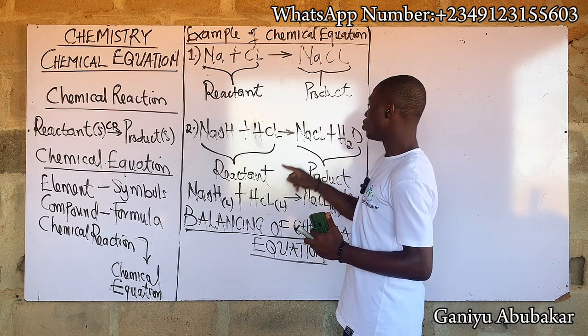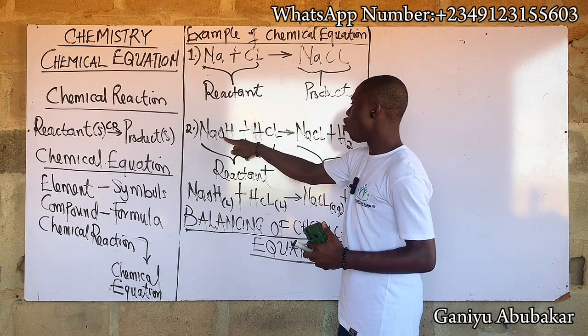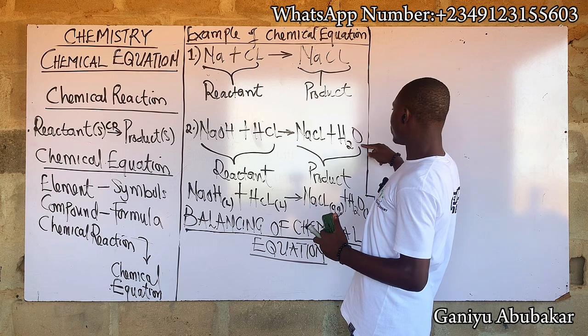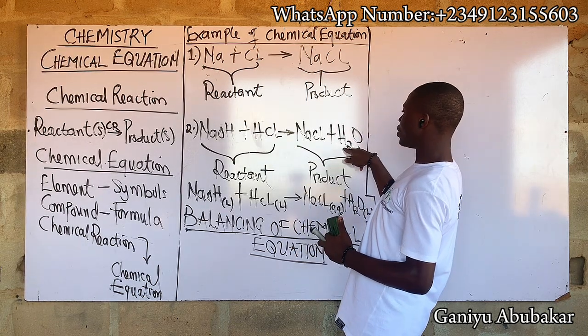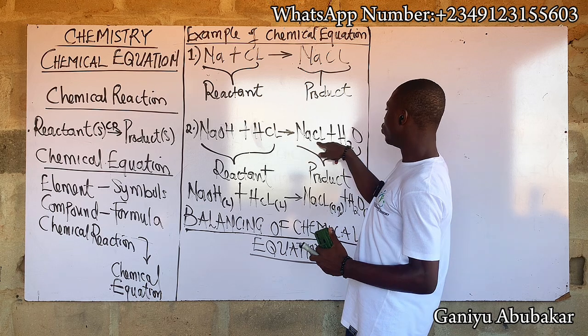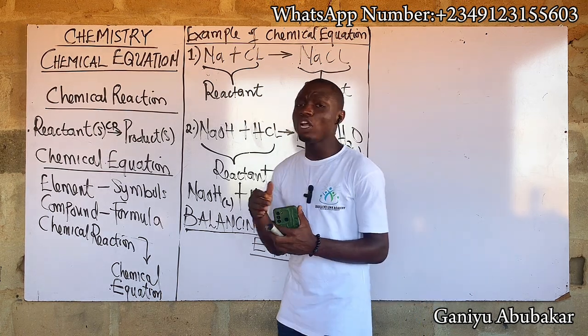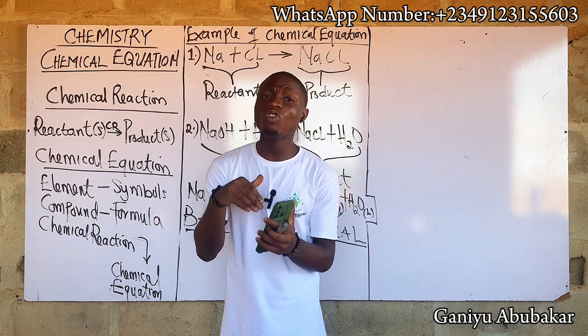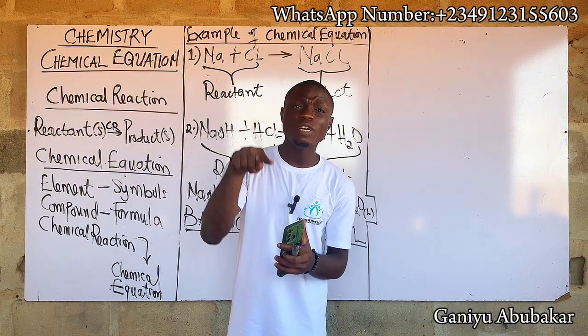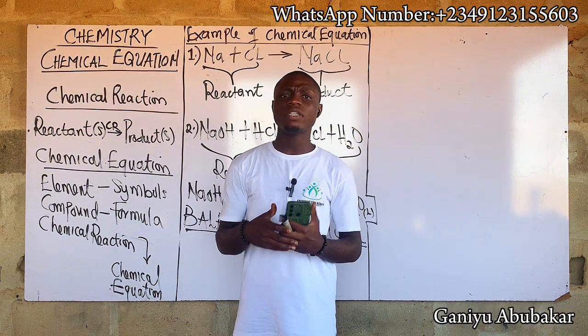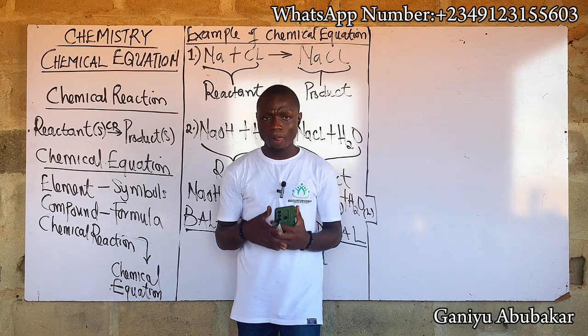Sodium, Na is 1, Na is just 1. Oxygen is 1, oxygen is 1 here. Hydrogen is 1, that's 2 hydrogen here. Chlorine is 1, balanced. So I'm going to ensure that the number of moles of elements on the reactant side is equal to the product side too. That's the concept behind balancing of chemical equation.